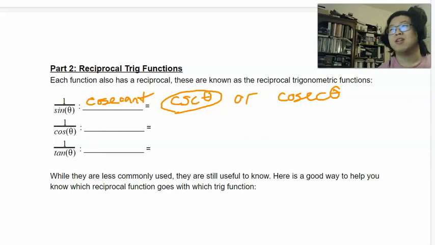Okay. Next one is the reciprocal of cosine. This one is just called secant. And the abbreviation, of course, is SEC. There is no other special abbreviation for it. And finally, we have tangent's reciprocal, which is actually very easy.